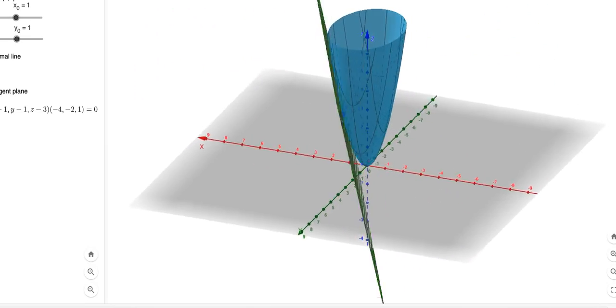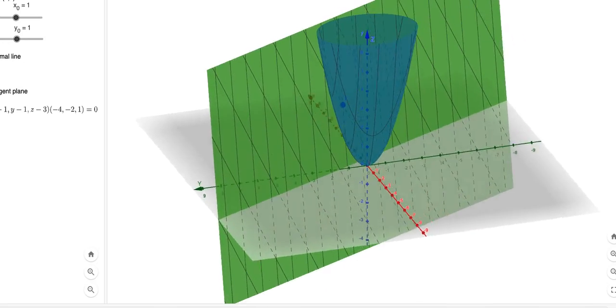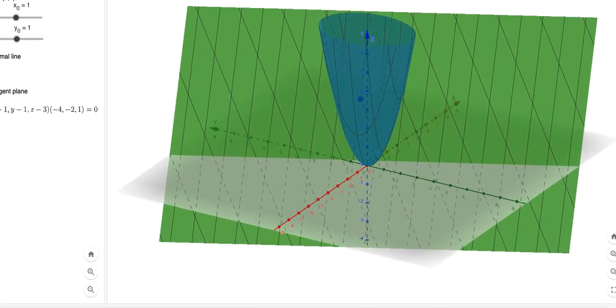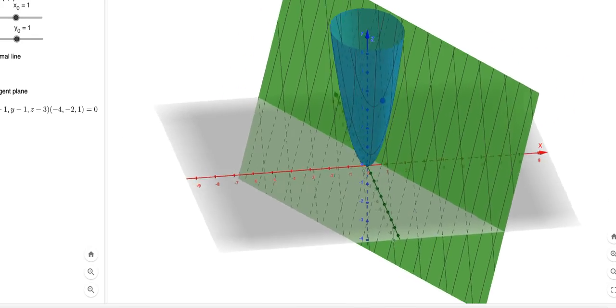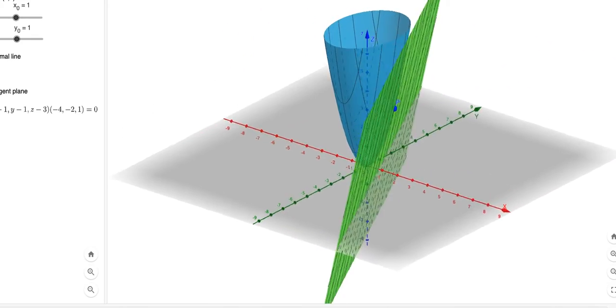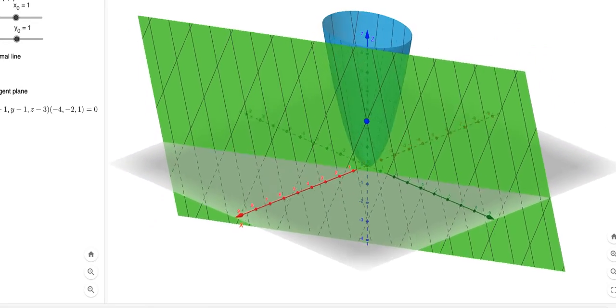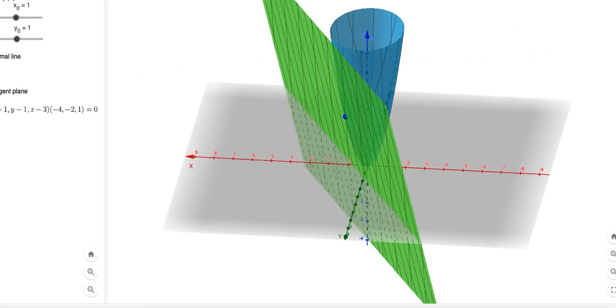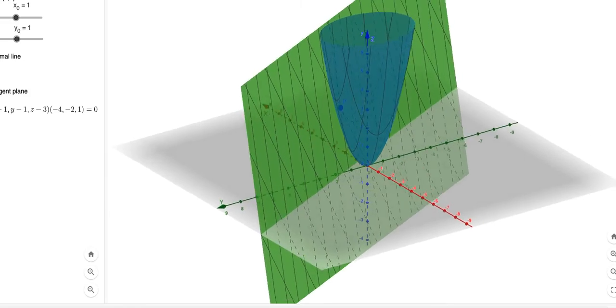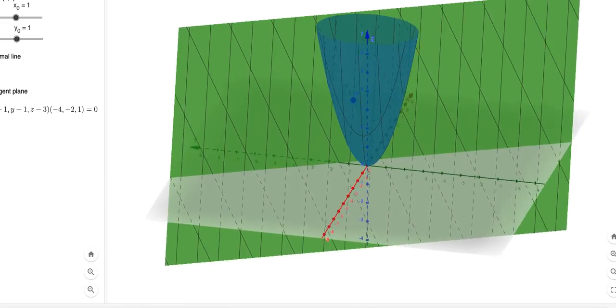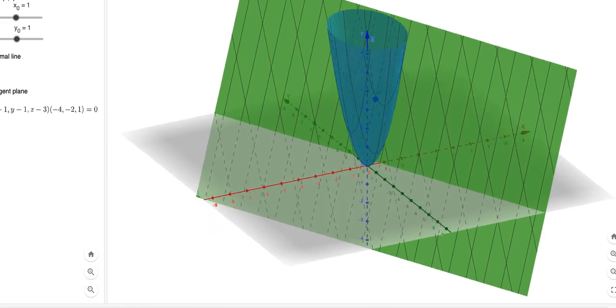In this case, you can see from this graph that the tangent plane, shown in green, touches the paraboloid at a single point, namely point P, and nowhere else. That's not always the case, but for a surface like this one, it is the case.